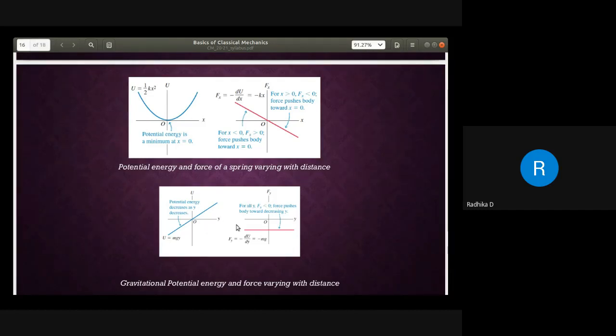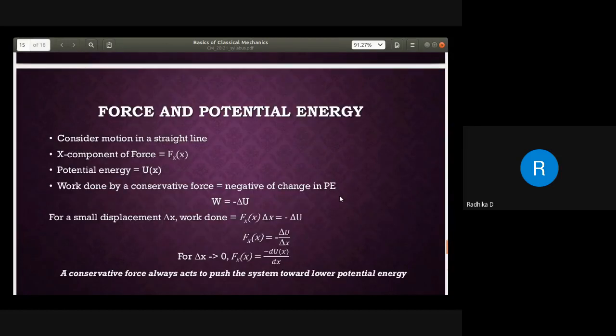Now, coming back to what we got earlier, Fx of x, that is the x component of conservative force, is minus d by dx of the potential energy in x component, minus du by dx. Fy of y, we said it will be minus du by dy. Fz of z will be minus du by dz.